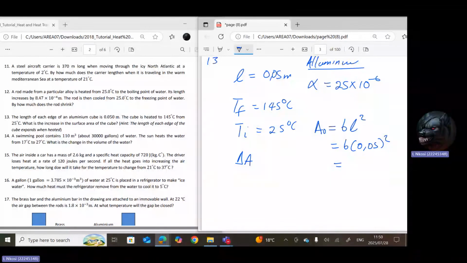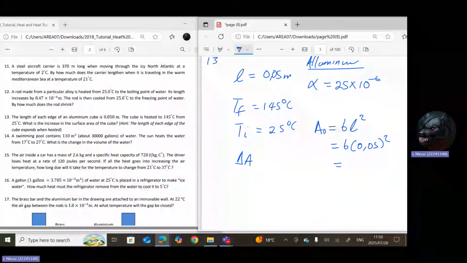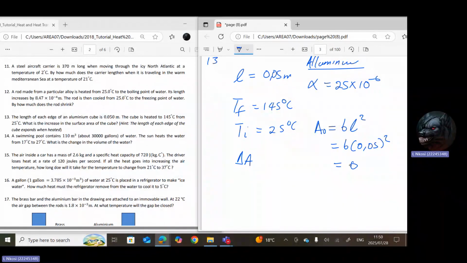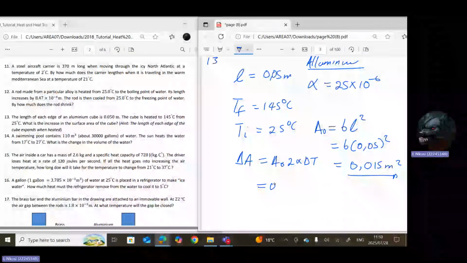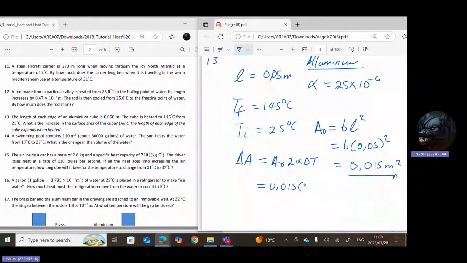So when we punch in the calculator now, you can see what we get. 6 times 0.05 squared, so this is 0.015 meters squared. So the change in area is the original area times 2 alpha change in T. So it's 0.015 times 2 times 25 times 10 to the minus 6. And the change in T is 145 minus 25.